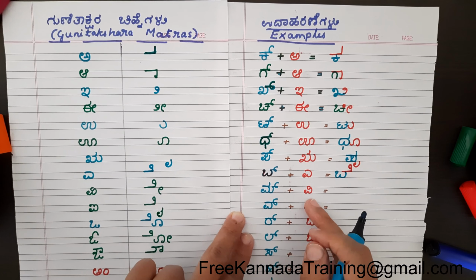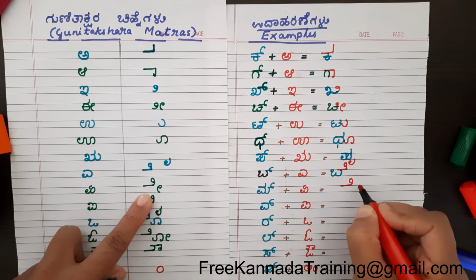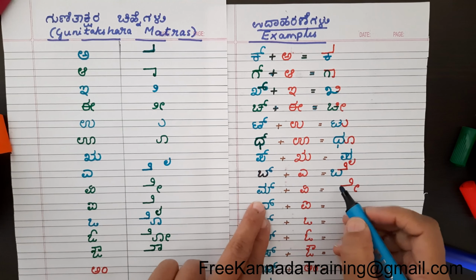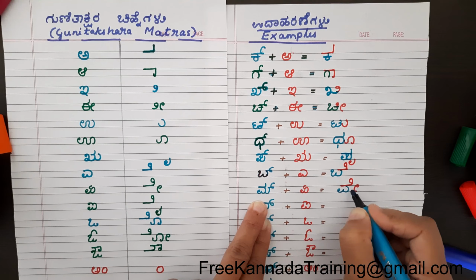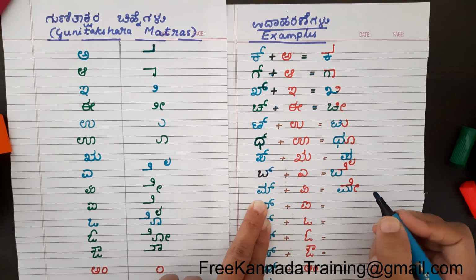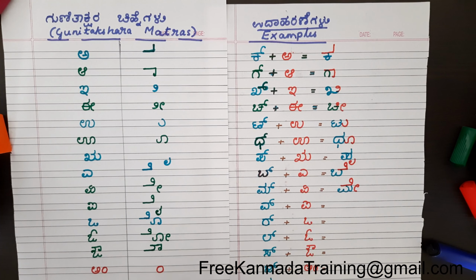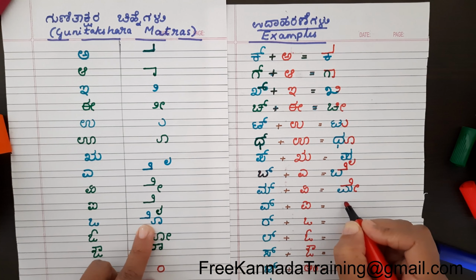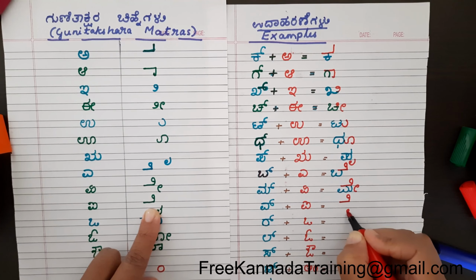Mu plus a equal to me. For a, this is the Gunitaakshara matra, and here we replace with ma. This one we are replacing with ma. V plus i equal to vi. What is the matra? This is the matra.